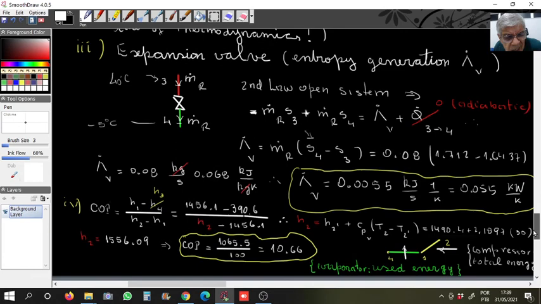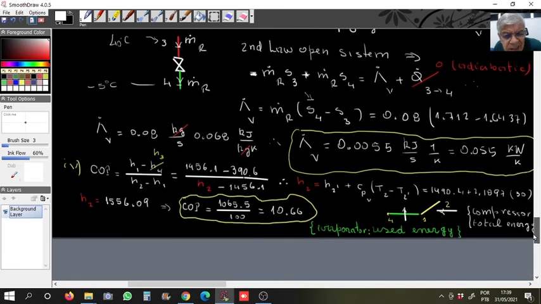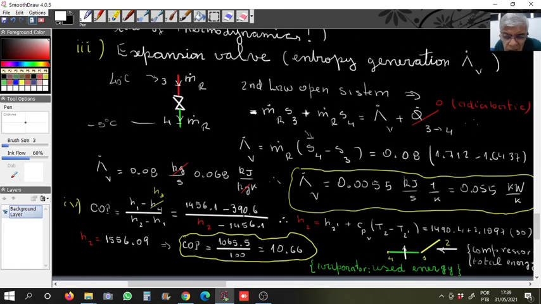Now I got S4. It's better to put in the previous calculation.